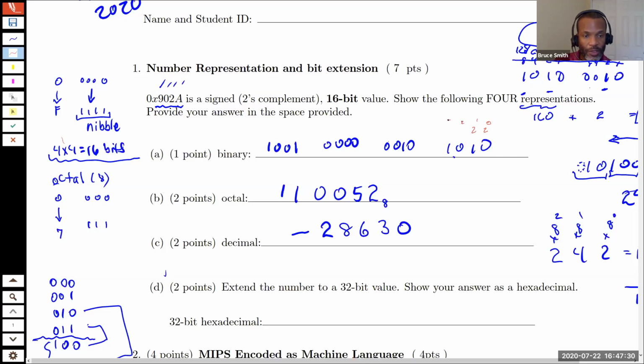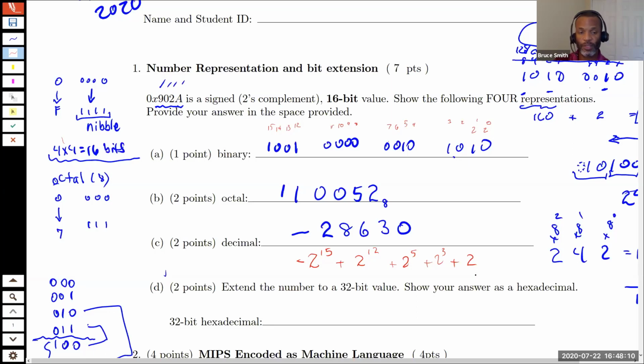So 0, 1, 2, 3, 4, 5, 6, 7, 8, 9, 10, 11, 12, 13, 14, 15. So this answer looks like negative 2 to the 15th, plus 2 to the 12th, plus 2 to the 5th, plus 2 to the 3rd, plus 2. That feels far easier than flipping the bits to get the answer.